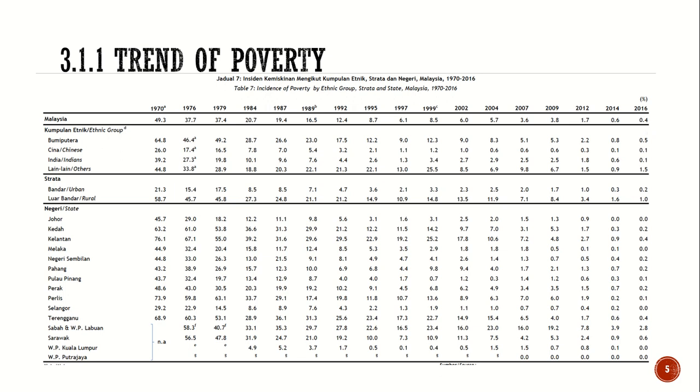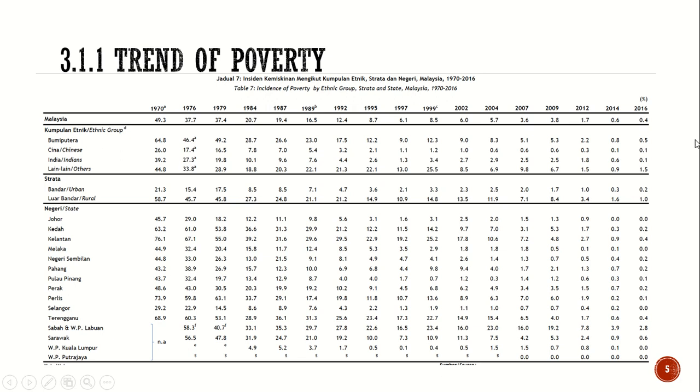This is a big achievement for a small country like Malaysia. Why? Because when we had 49.3% in 1970, it simply means that about half of the population lived in poverty, so it is a big number.